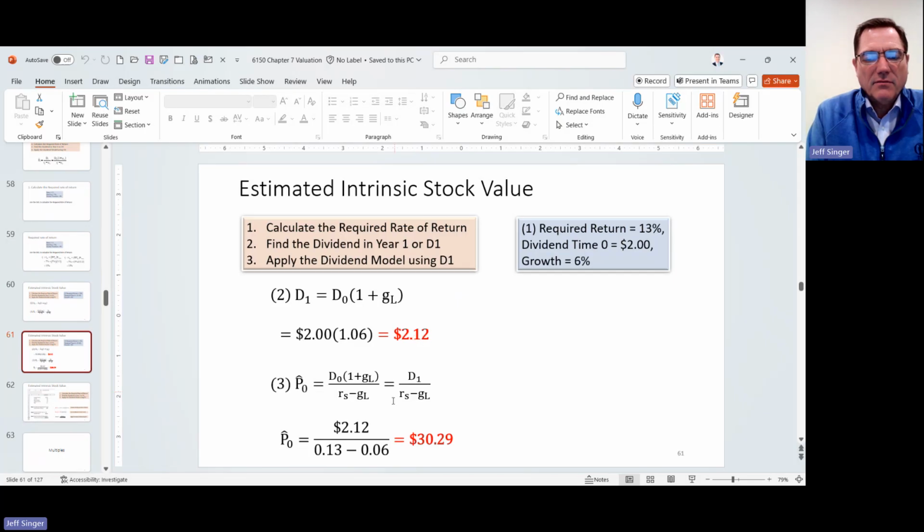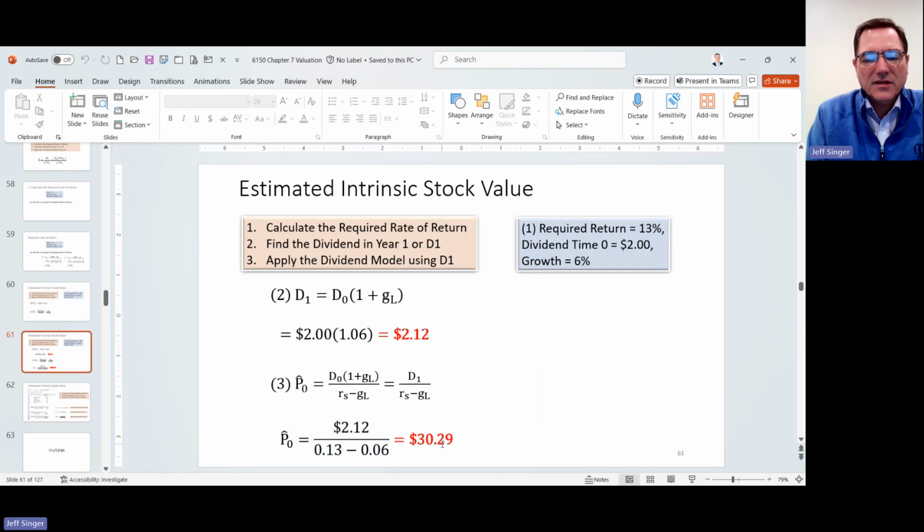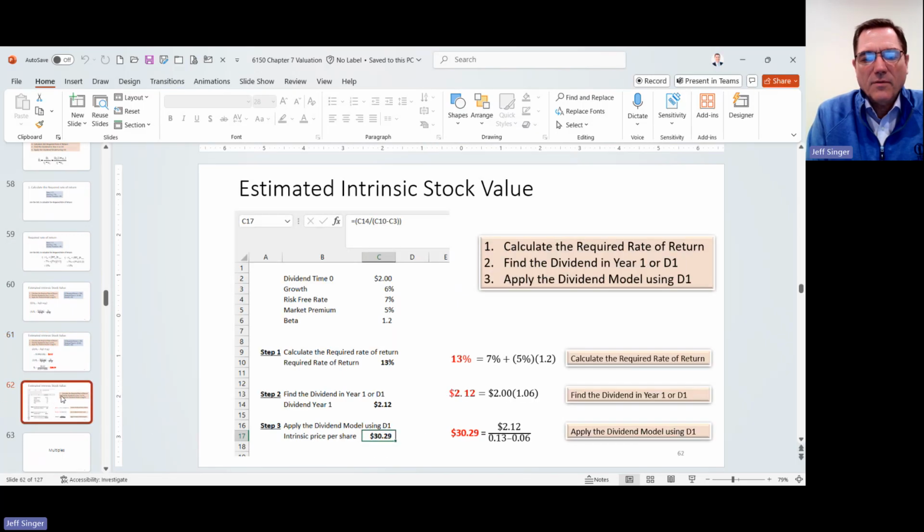Then we put that into the model: $2.12, divided by the required return, which is 13%, minus the 6% growth, and that gives us a stock price of $30.29. So if you're looking at my spreadsheet, you can just put that into your model.